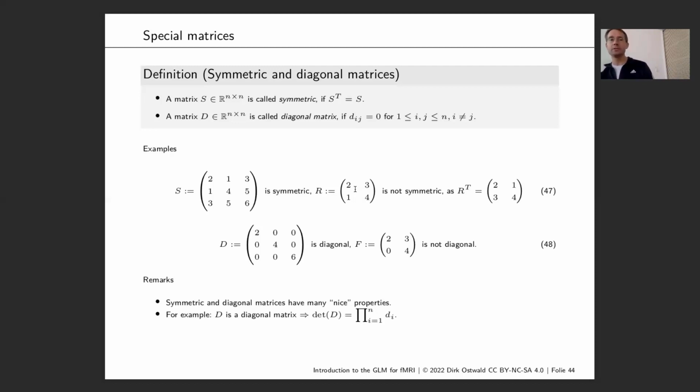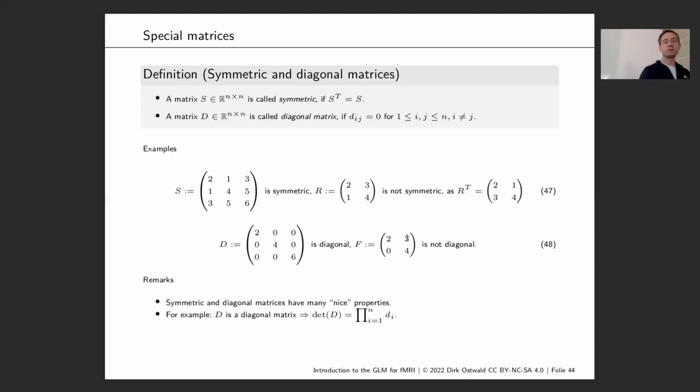So that's symmetric matrices. Diagonal matrices we already introduced informally. These are matrices that only have zeros except on the main diagonal, where you can have any kind of entries. For example, this is not diagonal because there's no zero here. Why are they interesting?